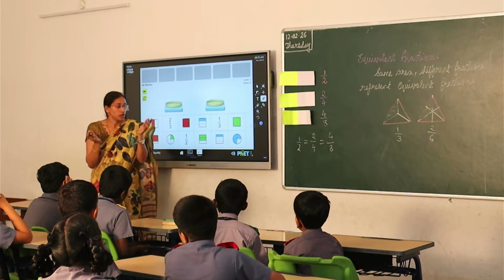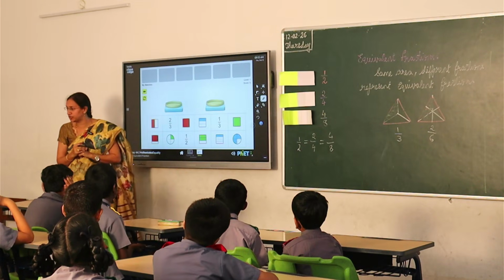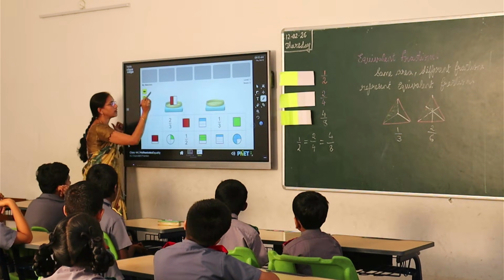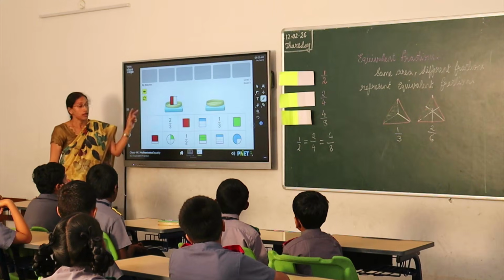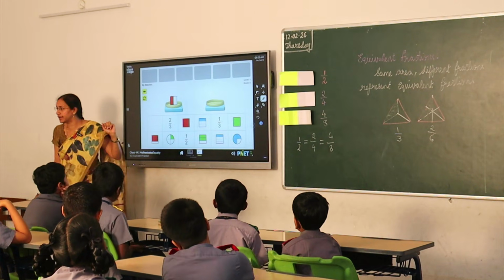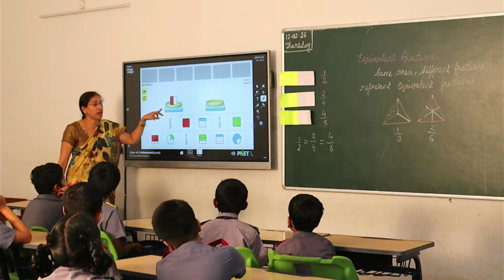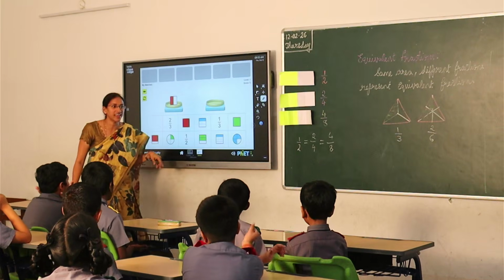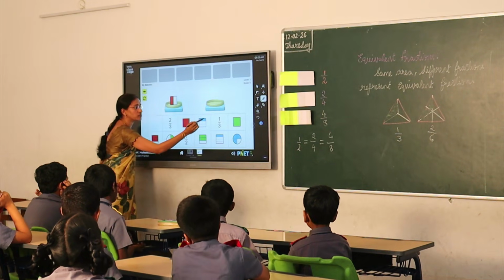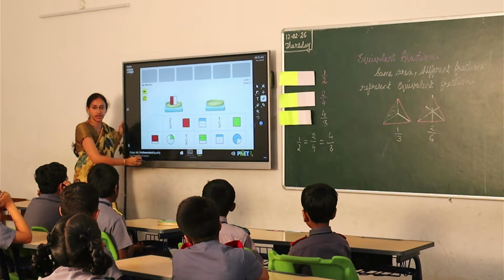So that you should select from this. Suppose I fill the first pan with this, children. Out of two parts, how many parts are colored? One. So what fraction is this representing? 1 by 2. So equal to that you should select from all these figures.